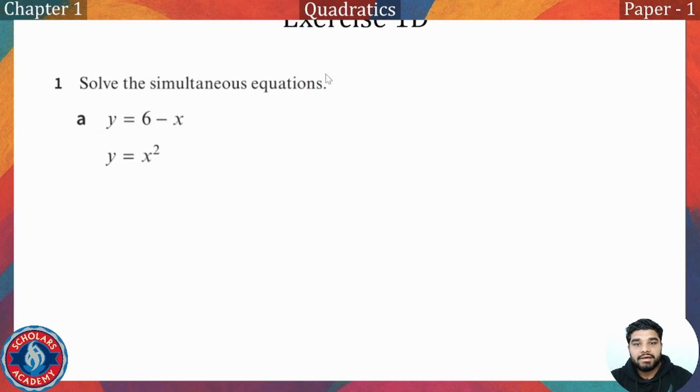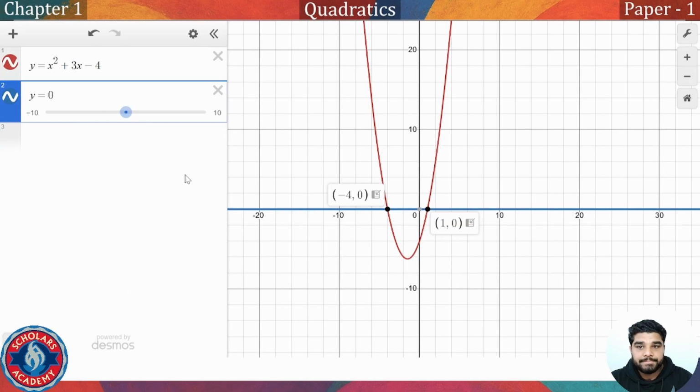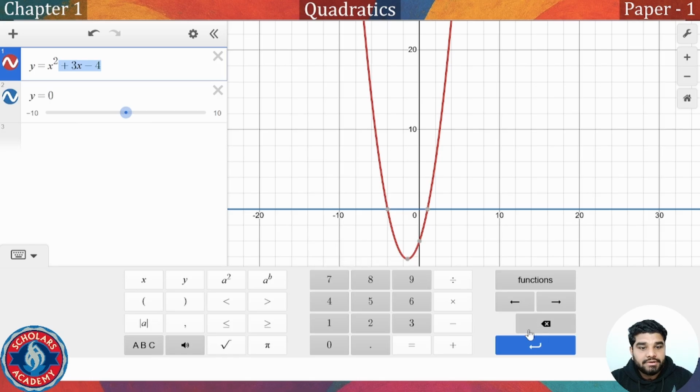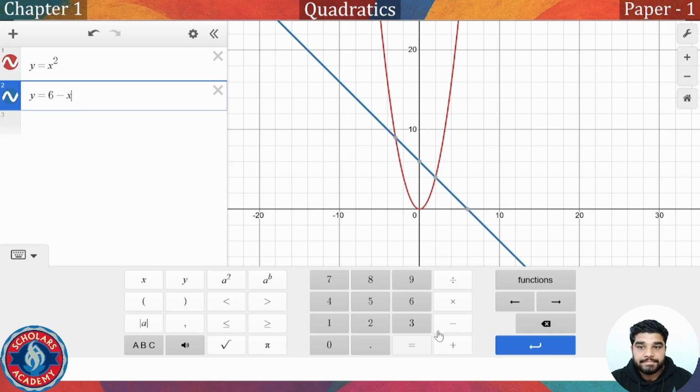So over here we have one equation, y is equal to 6 minus x. The second equation is y is equal to x square. Let's check it in the graph. One is y is equal to x square and the other is y is equal to 6 minus x.